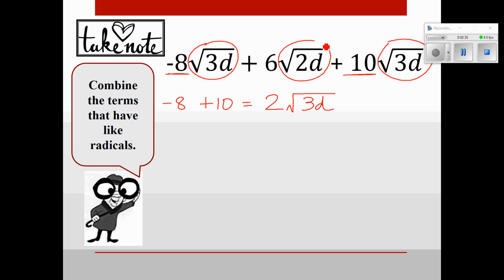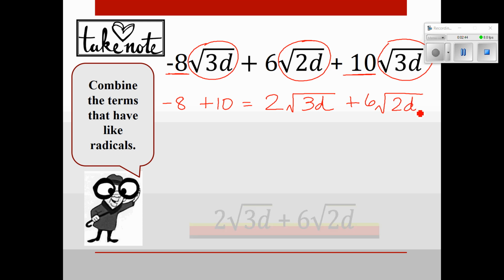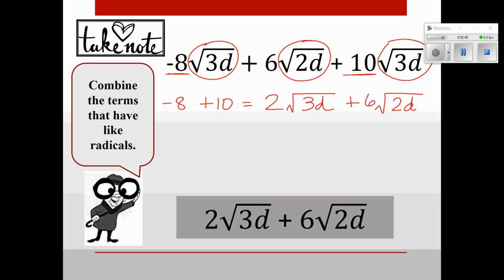This does not have another term that's like it, so we're just going to keep that, so we cannot combine that to the 3d. So our final answer would have 2 terms, and it would be 2 square root of 3d plus 6 square root of 2d. So combining like terms.